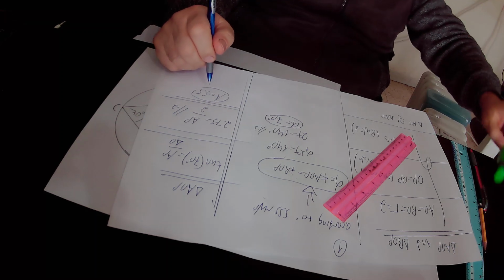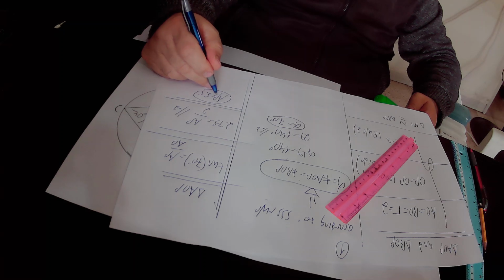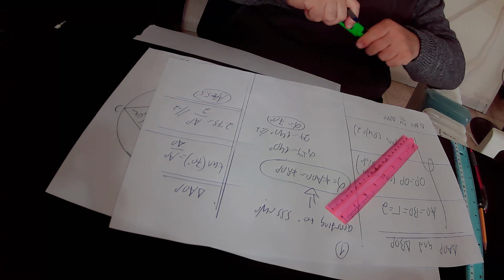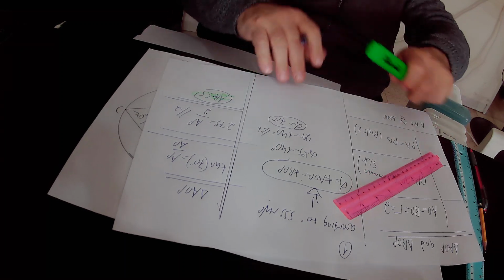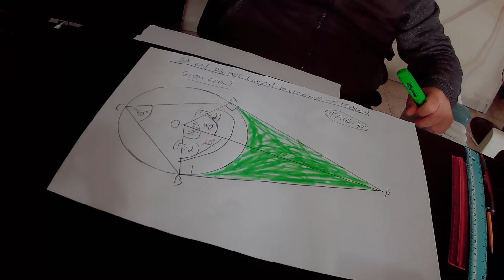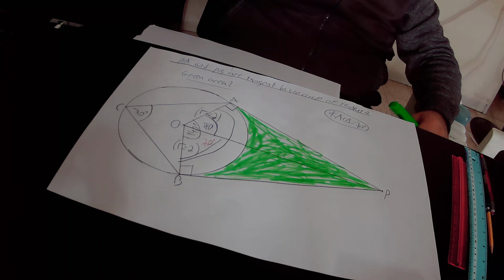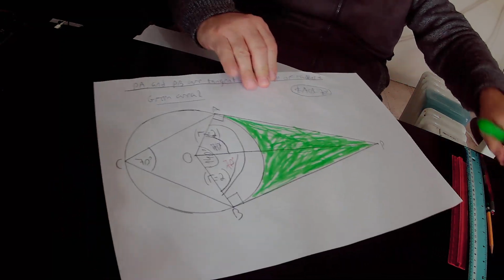In conclusion, we found out that the missing side AP is equal to 5.5 units in its length. Side AP equals 5.5 units.